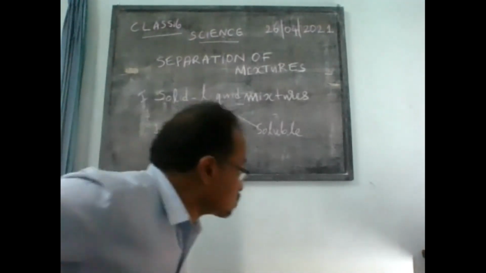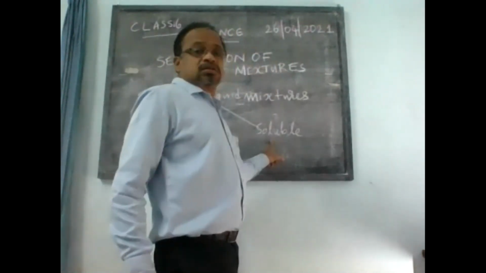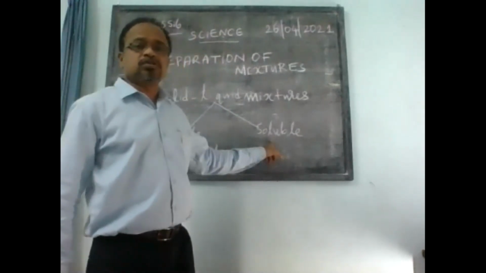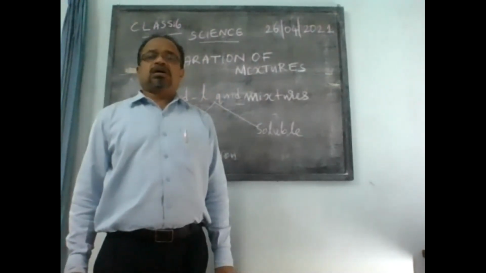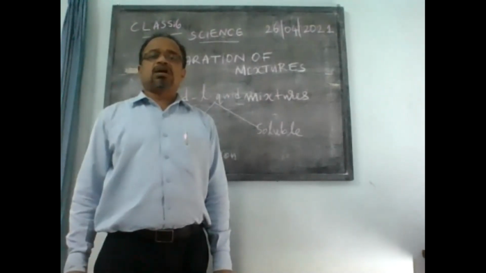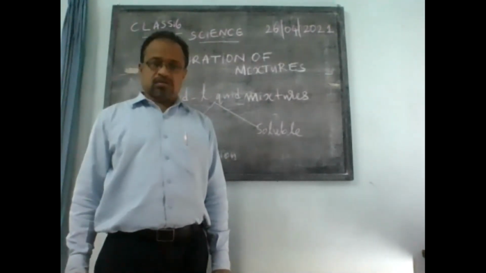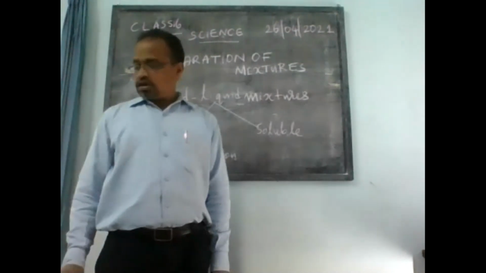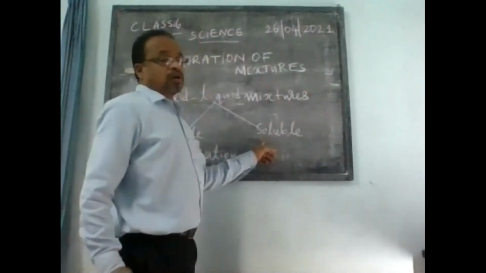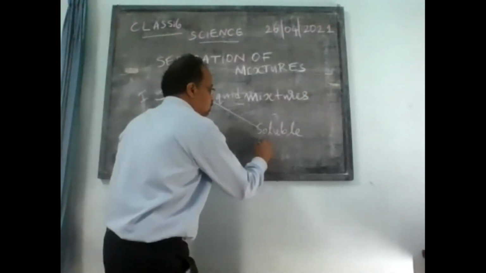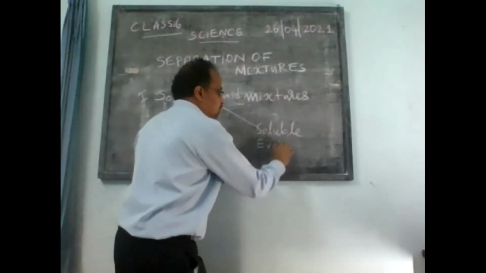Now today we will discuss soluble solids. You know that salt, sugar, etc. are soluble in water. So today we will discuss the separation of soluble solids. One of the commonest methods is evaporation.